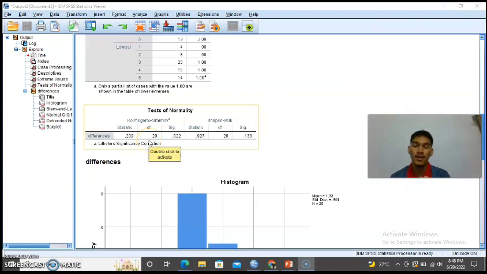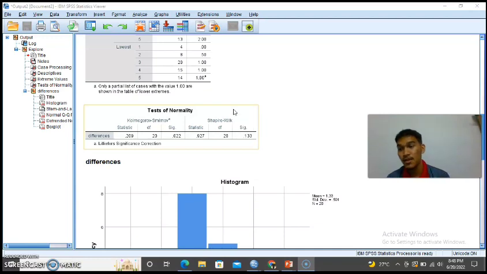So we got the result of the test of normality. Since the sample size is less than 50, you need to look at Shapiro-Wilk significance.